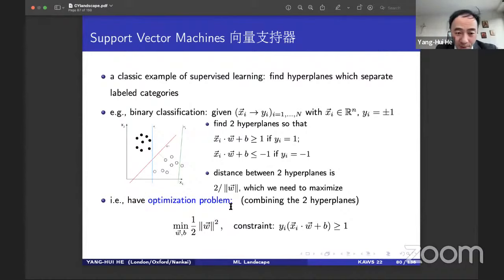So, for example, in a binary classification problem, this is a labeled point cloud of data, where y is just plus or minus 1. So the blacks are plus 1 and the whites are minus 1, say. It's two categories, so this is a binary classifier. What the support vector machine does is find a plane which optimally separates the two. So that's the hyperplane which separates these two sets of data.